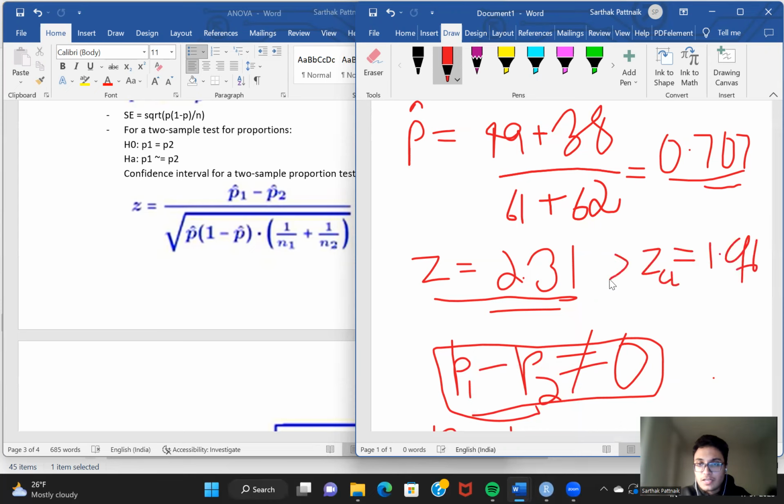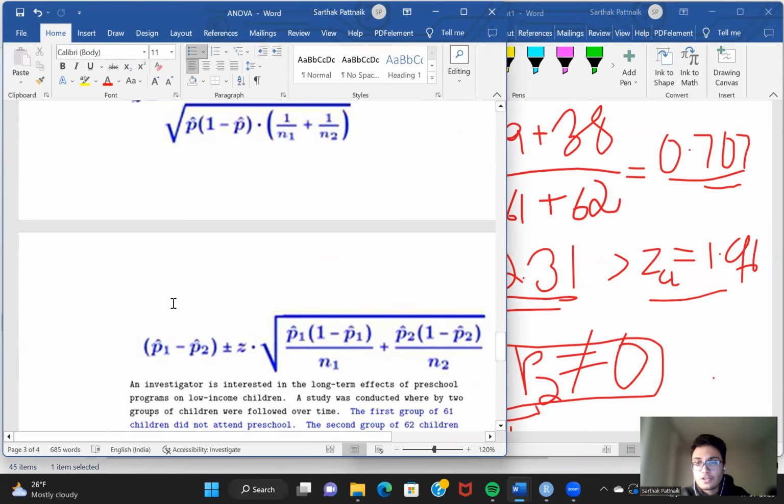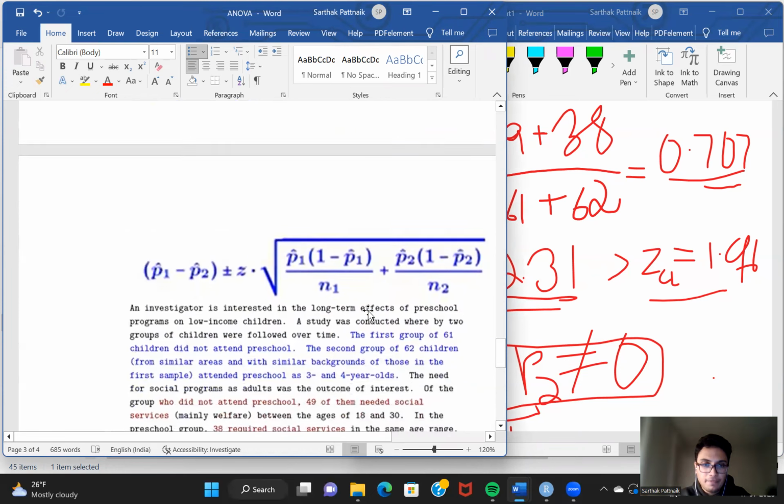But because this is greater, we can clearly surmise that there is a distinction between the two sample proportions taken from the two populations. And in a similar way, we can calculate our confidence interval for the difference of the sample proportions using this equation.